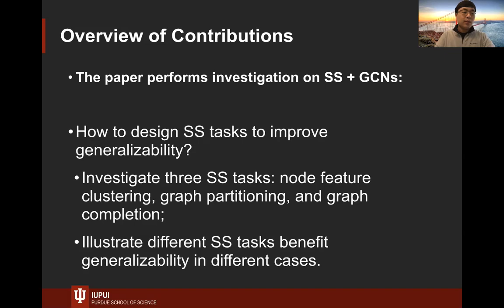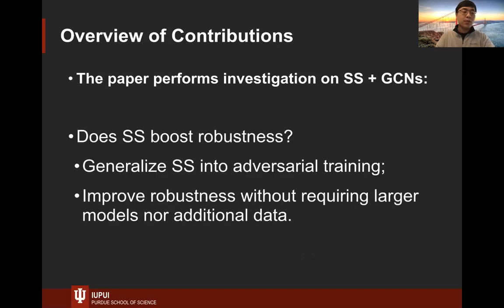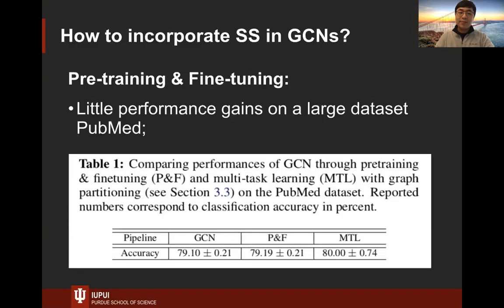To answer this, the paper investigates three self-supervision tasks: node feature clustering, graph partitioning, and graph completion. The third question is, does self-supervision boost robustness? The paper discusses how to use adversarial training to improve the robustness of graph convolutional networks. Next, we will discuss more details about the investigations.